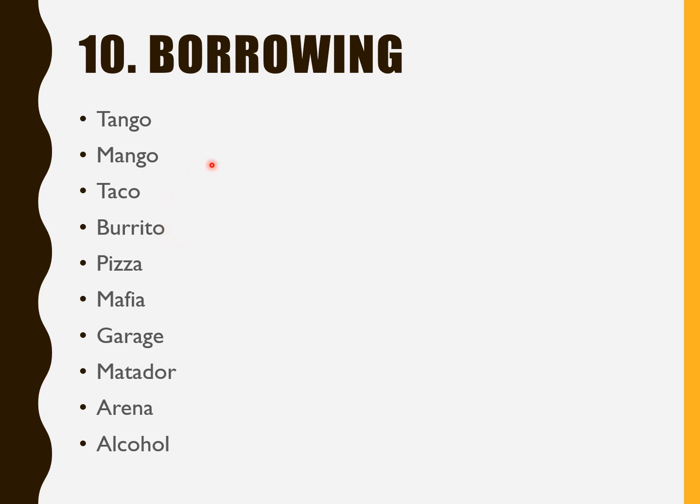As we can see, they are taken from the Spanish language. Pizza, mafia, they are taken from the Italian language. Garage, matador, they are taken from French and Spanish. Arena, alcohol, they are Latin and Arabic, belonging to the Latin languages.